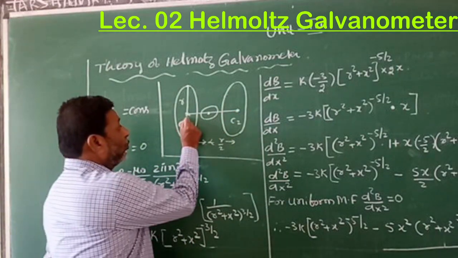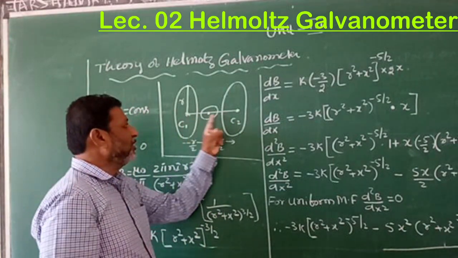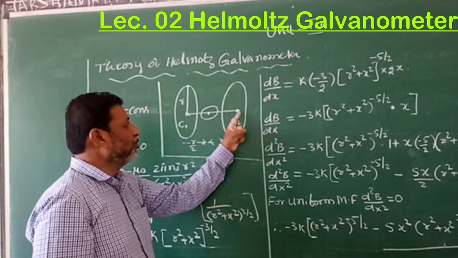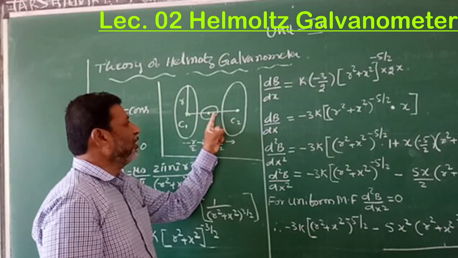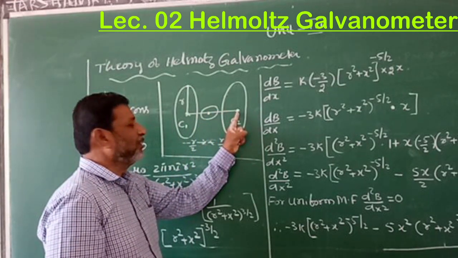Now, as you move from C1 to C2, carefully observe the figure. The distance of the point from C1 is increasing, and moving towards C2 means the distance of the point from C2 is decreasing.